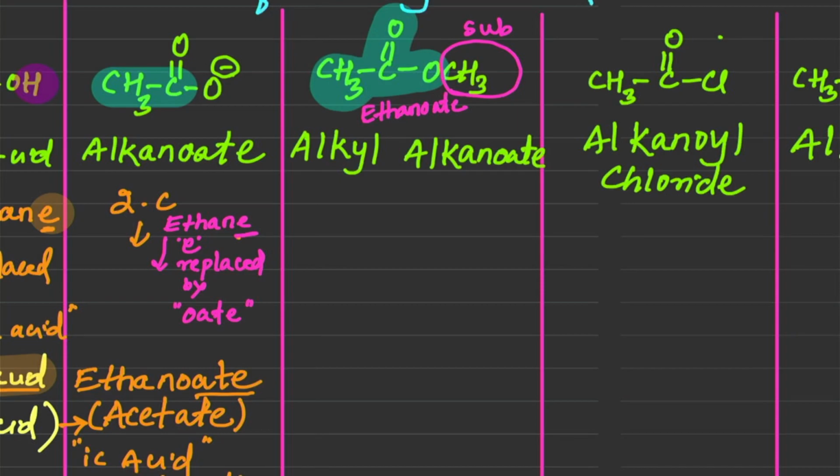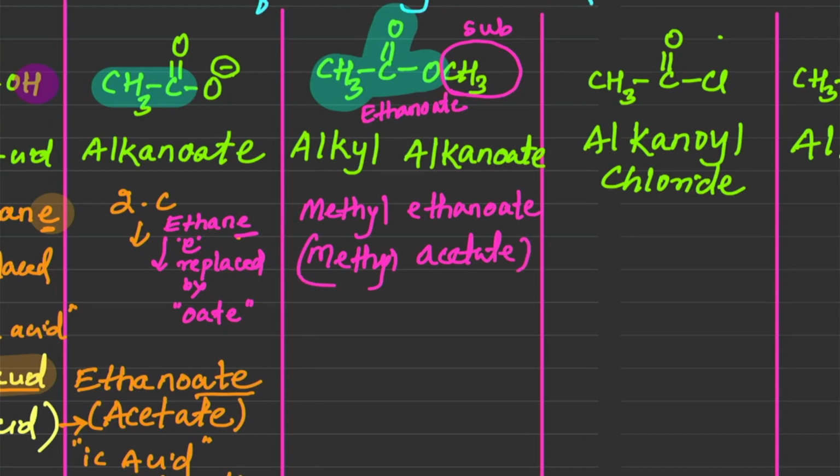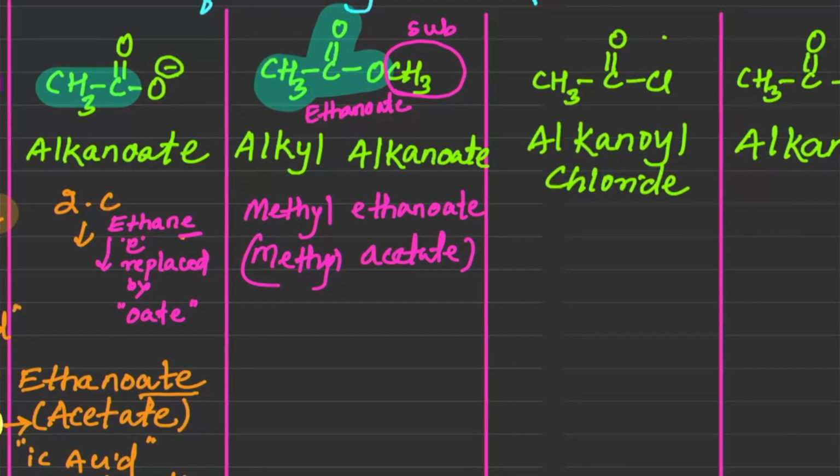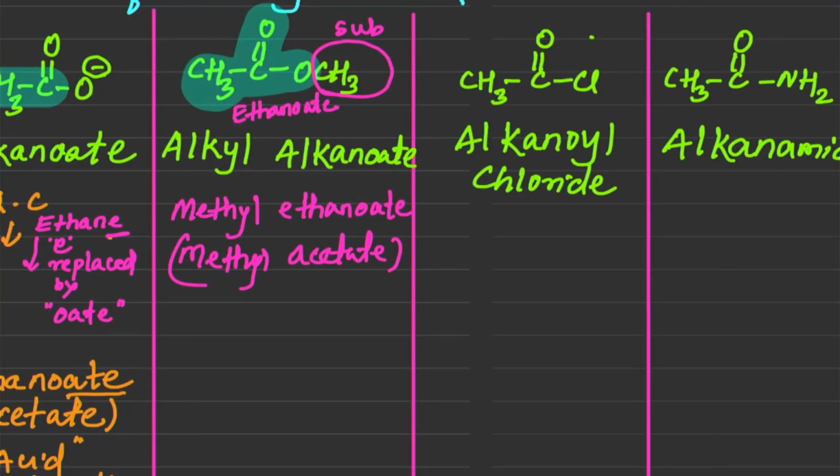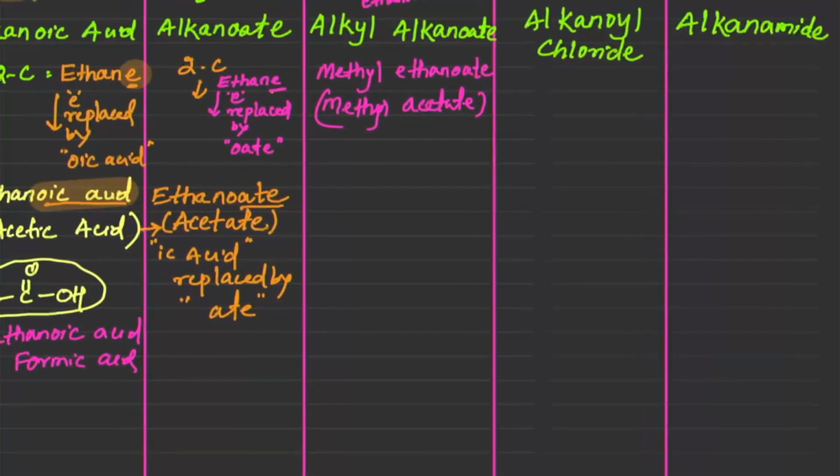So what should we name it? 1 carbon atom, so that's going to be methyl ethanoate. Or you can call it methyl acetate, because that's the common name. So how we derive this name from this one, you always go over that side. Okay, this one again, the same way you can compare.